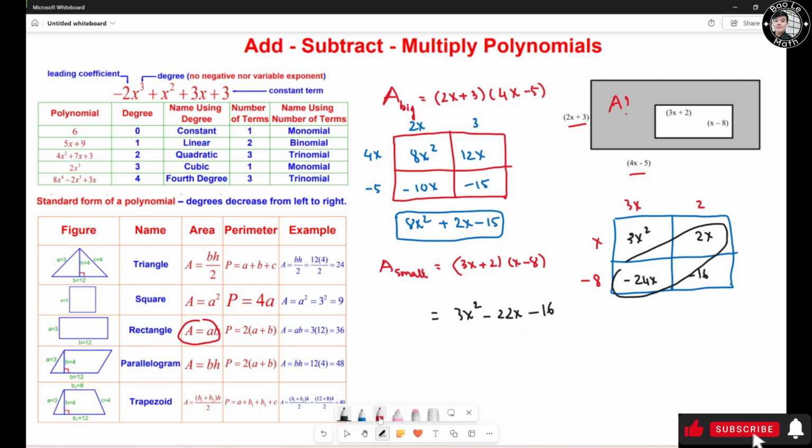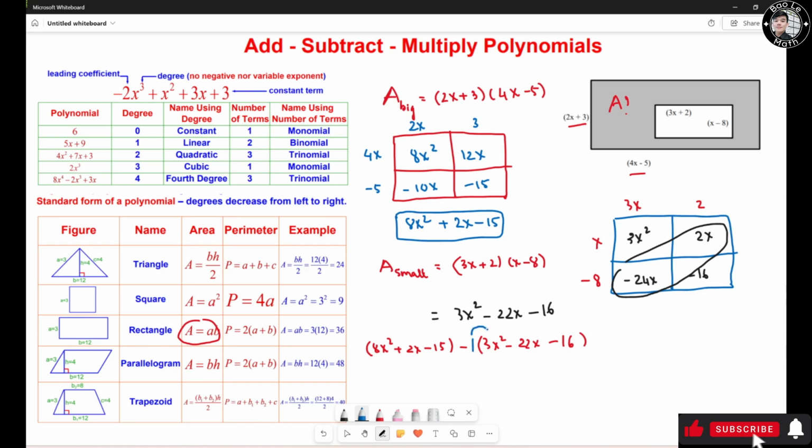Alright, now we're going to do subtraction. The area of the bigger rectangle subtract the area of the smaller rectangle, which means we have 8s squared plus 2s minus 15, subtract, don't forget parentheses, 3s squared minus 22s minus 16. Now we need to convert subtraction into addition by doing the distributive property right here. Put 1 right here, right?